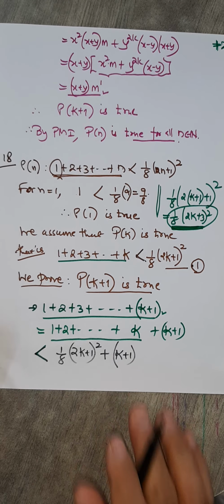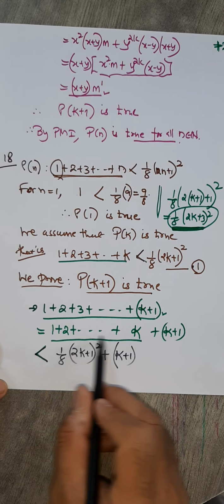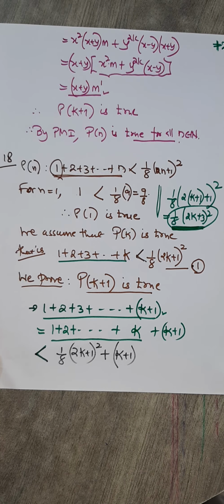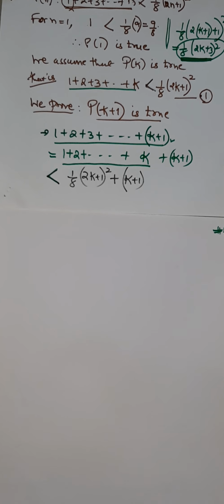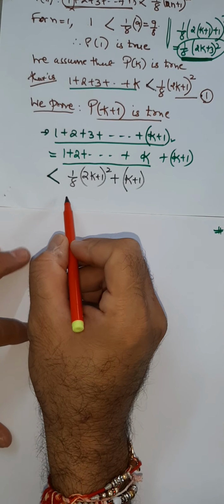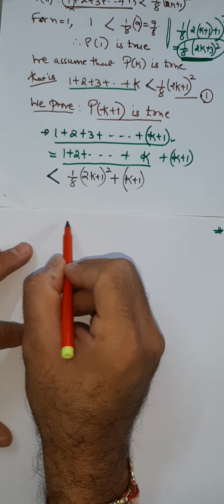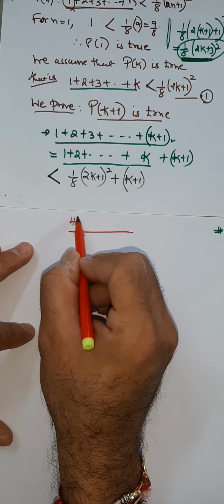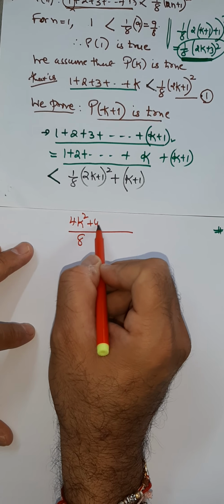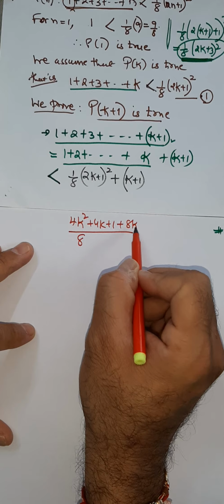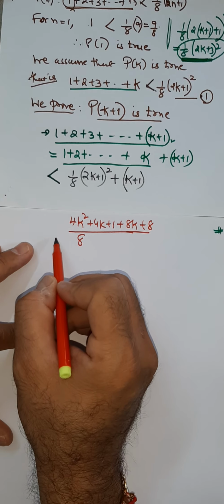Okay. Now we just simplify and we notice whether it is this or not. So now we are simplifying this. If you take the LCM here, 1 upon 8, if I expand this, 4k square plus 4k plus 1, 8 will multiply with this, so plus 8k plus 8.